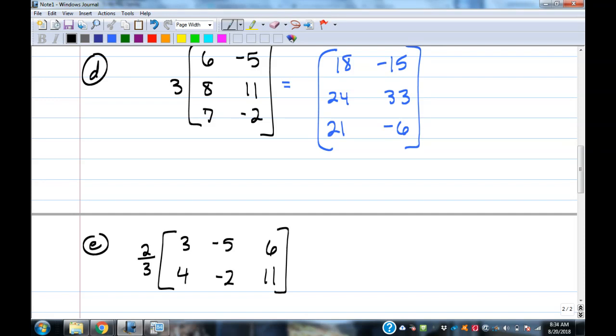Multiplying it to everything. Okay, so we got 2/3 times 3, which is not terribly difficult. That'd be 2, right? Negative 5 times 2/3 would be negative 10 over 3. 2/3 of 6 is 4. 2/3 times 4 would be 8 over 3. 2/3 times negative 2 would be negative 4 over 3. And 22 over 3.